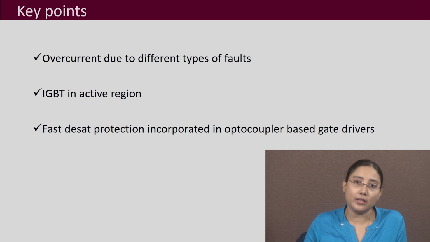One of the very good ways of detecting overcurrent and protecting the devices is having Desat protection included in the drivers. Not all drivers have Desat protection inside them, but some of the drivers have it, and if you need it for your design, you can use those drivers which have the Desat protection.